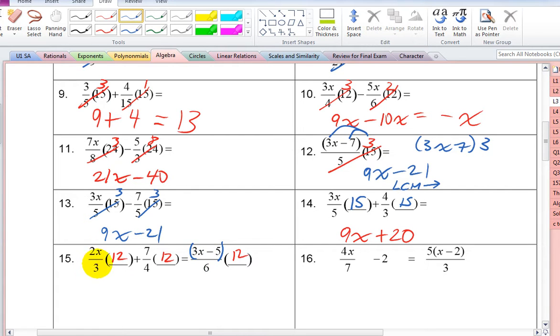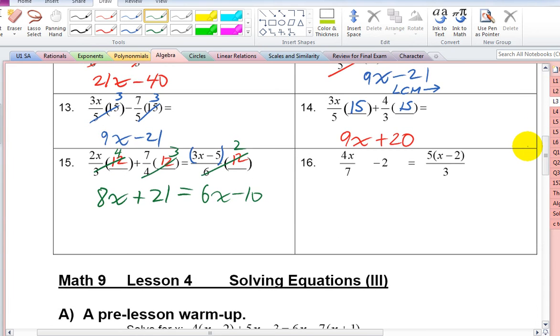So then cancel out. This will give you 4, 3, 2. So 8x plus 21 equals 6x minus 10. Now go ahead and solve it.